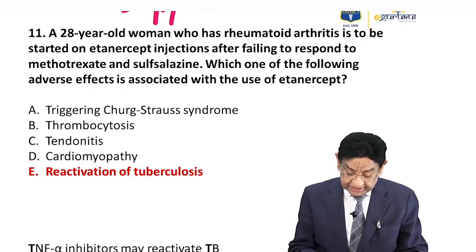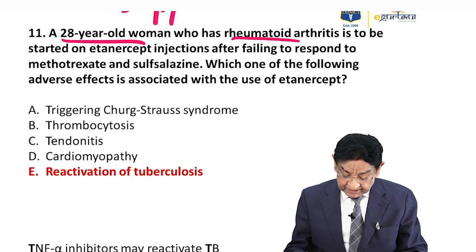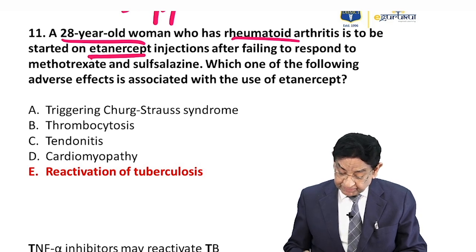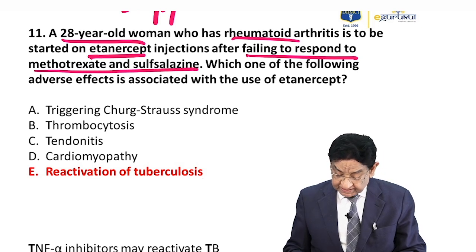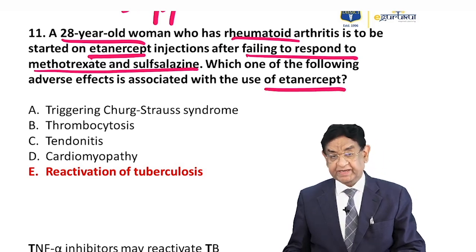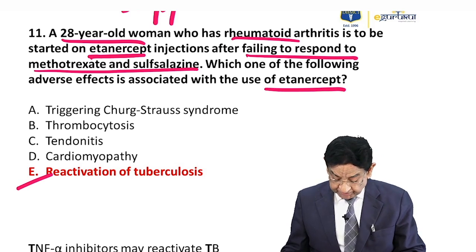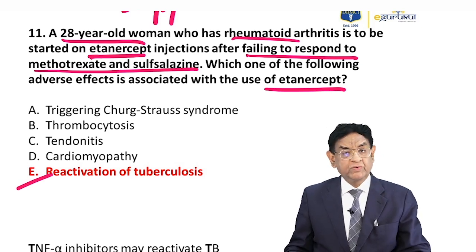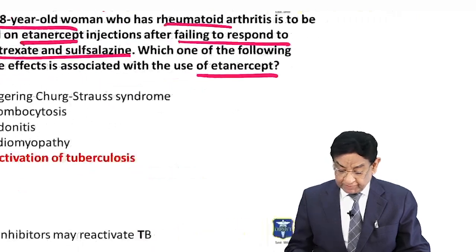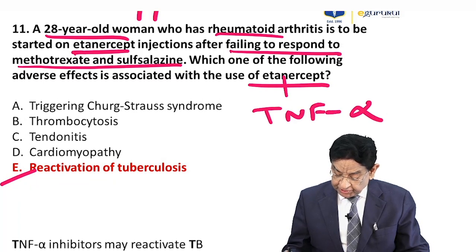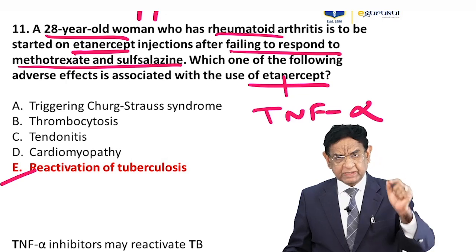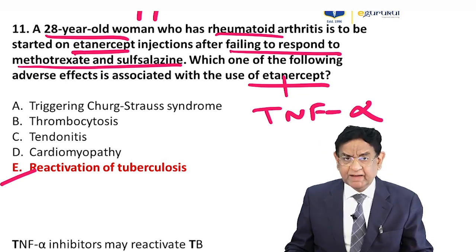Well, we have a 28-year-old female with RA who is being given etanercept injection because she was not responding to methotrexate and sulfasalazine. Which is the side effect of etanercept? Answer is reactivation of tuberculosis. TNF alpha is neutralized by this drug, like infliximab also.